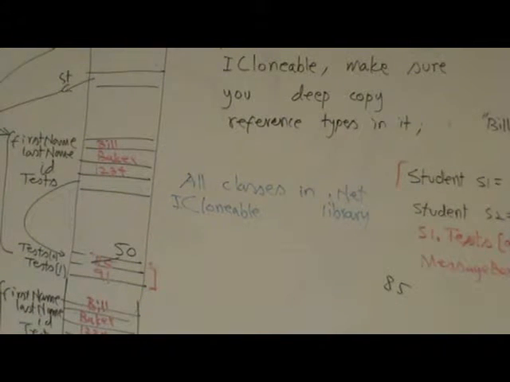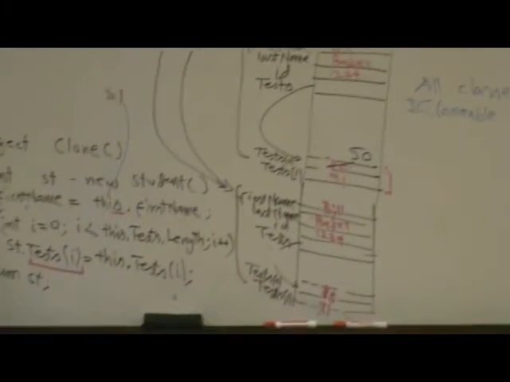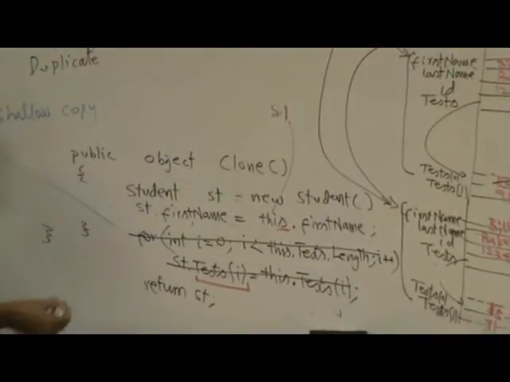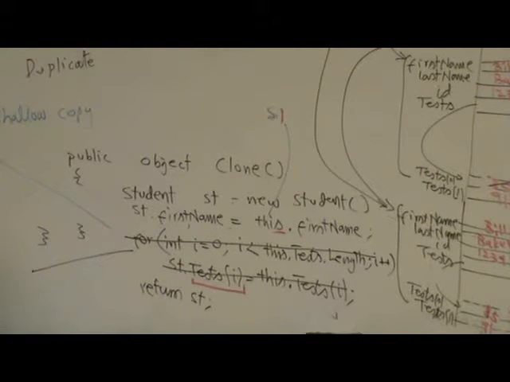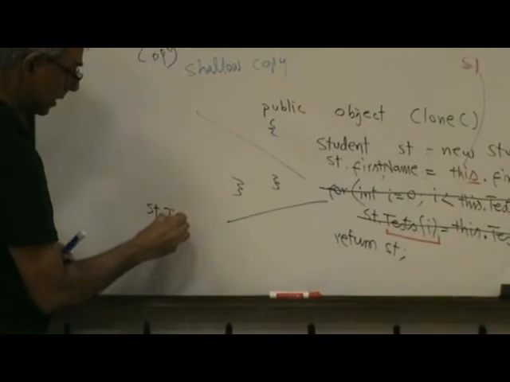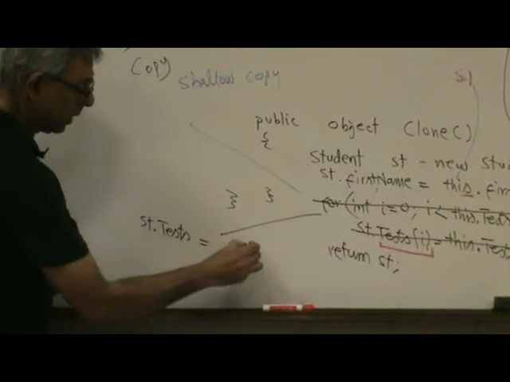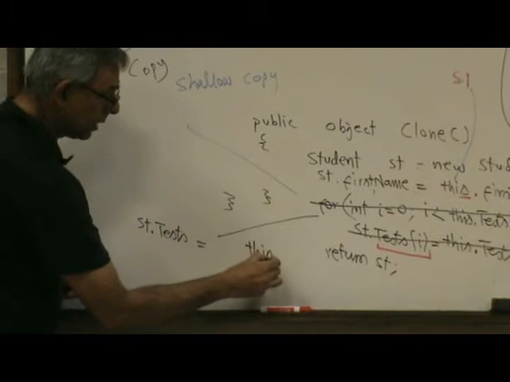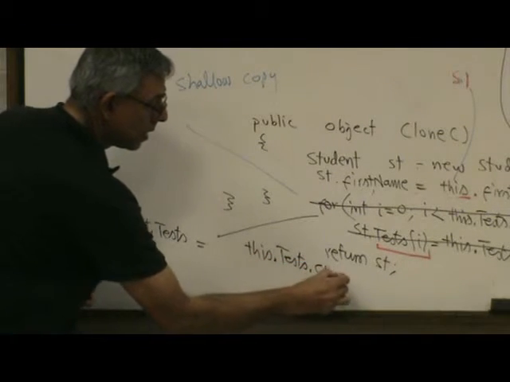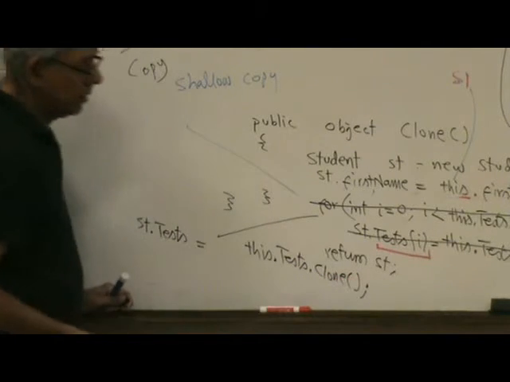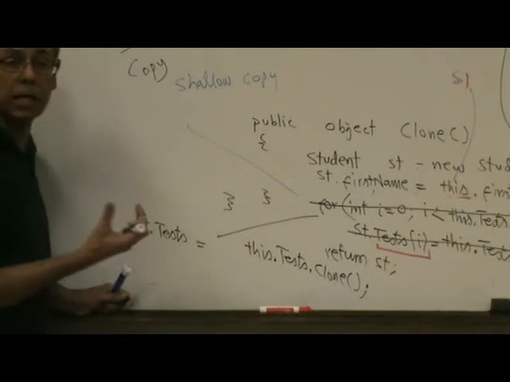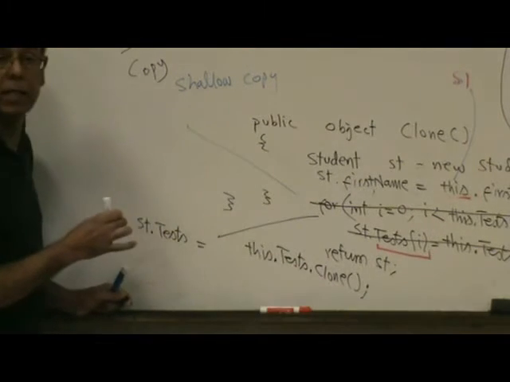Okay, so alternatively, rather than writing a loop yourself, an easy way to do this will be you will say sd.tests equal to this.tests.clone. Okay, so the arrays themselves in the .NET library give us ICloneable, so we can call the clone method, right?